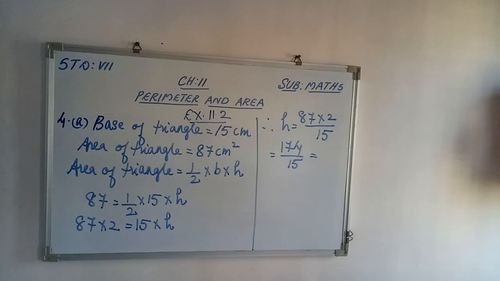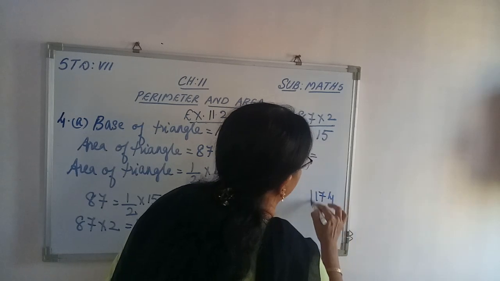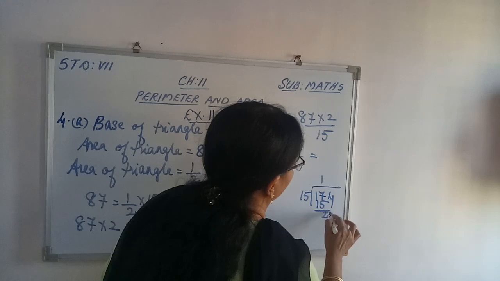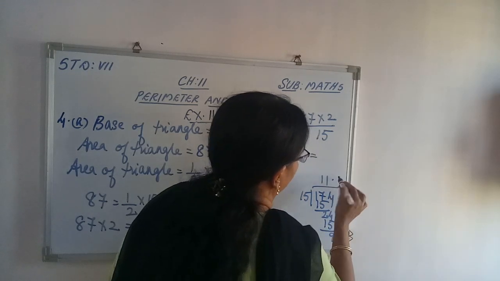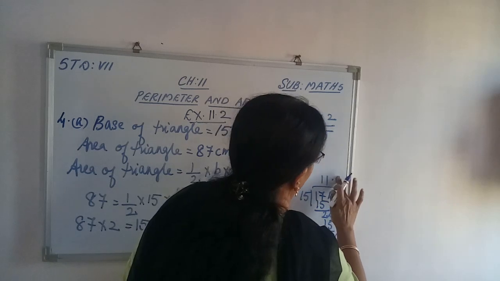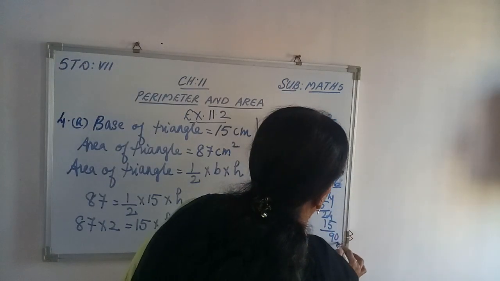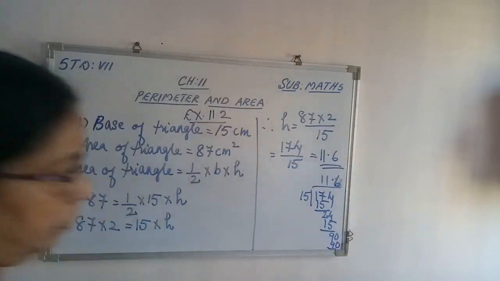Divide 174 with 15. 1 ones are 1, 15. That gives 11.6.